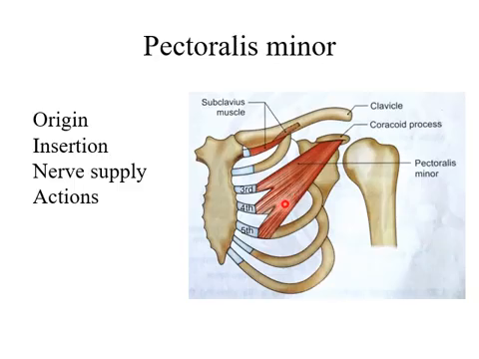Then it depresses the point of the shoulder because it is inserted on the coracoid process, and it also helps in forced inspiration. So that is the action of pectoralis minor muscle.